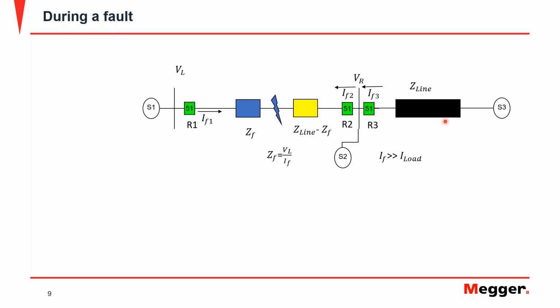For instance, this relay R3 here should be looking for faults in this line here, and it should only serve as backup to these relays here if it is configured this way.